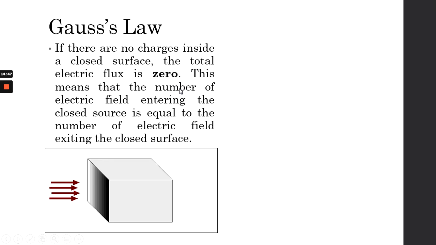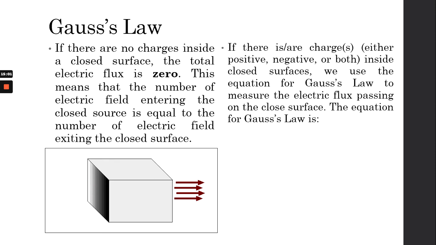But what happens if you have the charge inside, your source charge, or the charge where your electric field is coming from? This is where we use Gauss's law. Gauss's law is useful if the charge where the electric field is coming from is enclosed inside your surface.